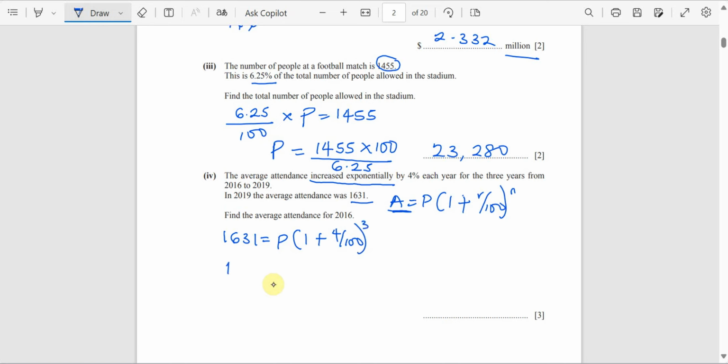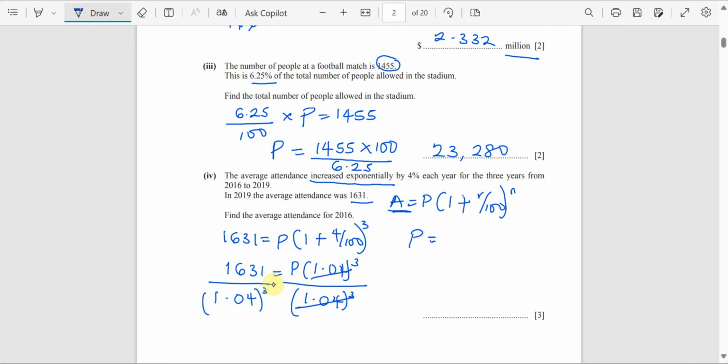So I have 1,631 equals P into bracket 1.04 raised to the power of 3. So we can divide this by 1.04 raised to the power of 3. Same thing here, 1.04 raised to the power of 3. This will cancel out.